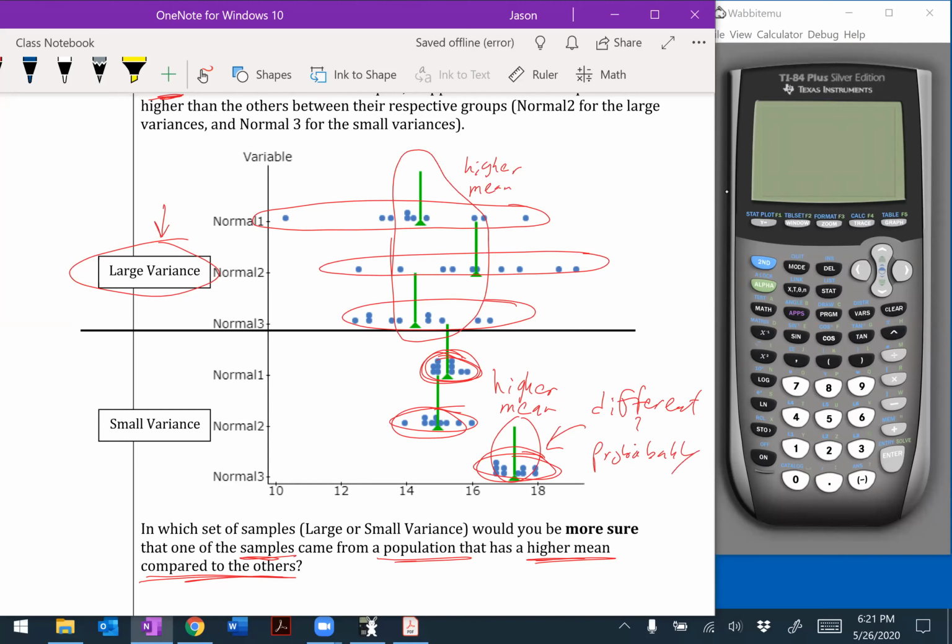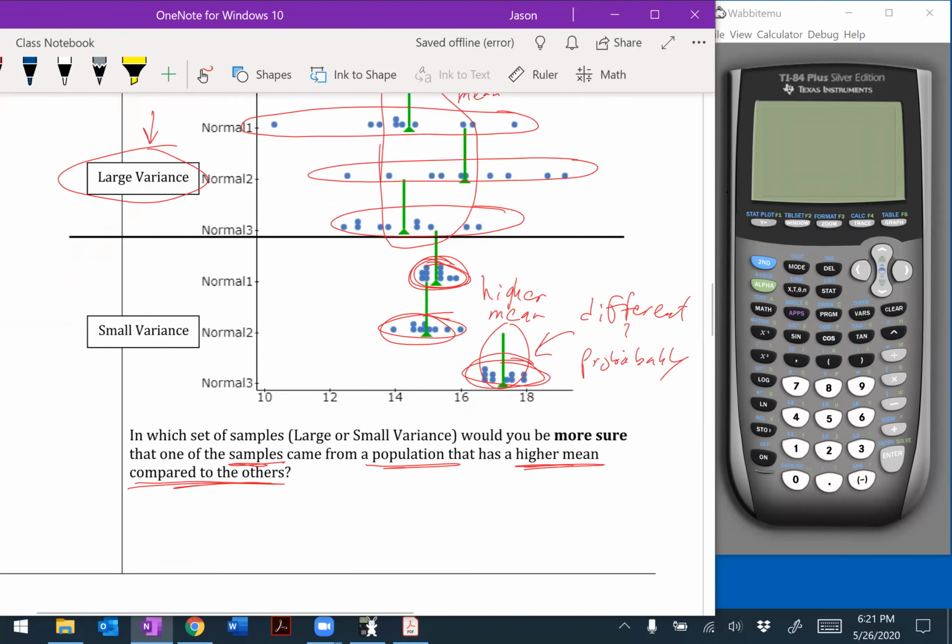That is probably different than the other two. Whereas if you have large variances, maybe not so different than the other two. So in which set of samples, large or small, I'm going to say small, would you be more sure?